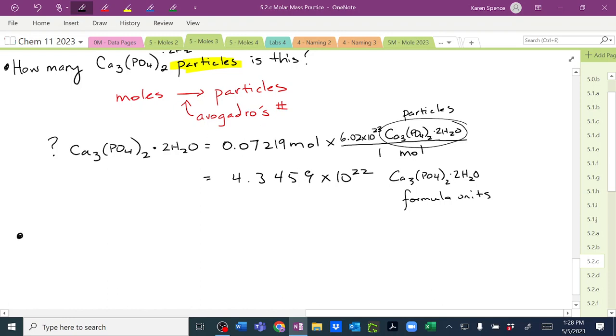Could you tell me how many phosphate ions this contains?